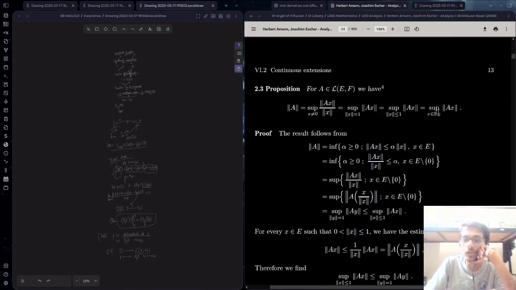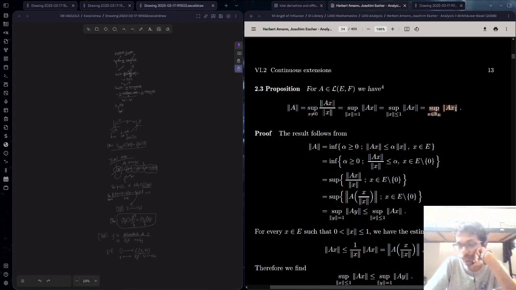That is also equivalent to just taking the supremum of the norm of AX, or the supremum of the norm of AX divided by the norm of X, where X is not equal to 0.